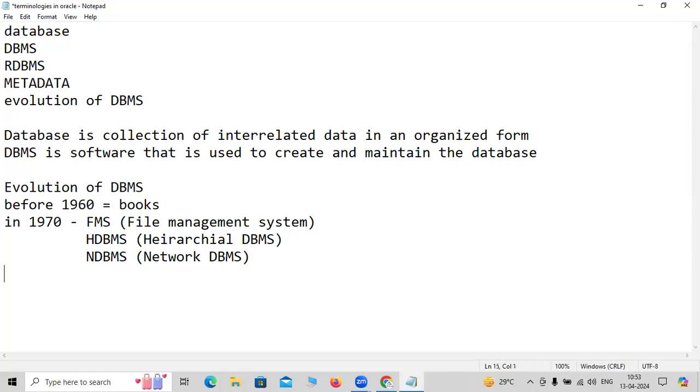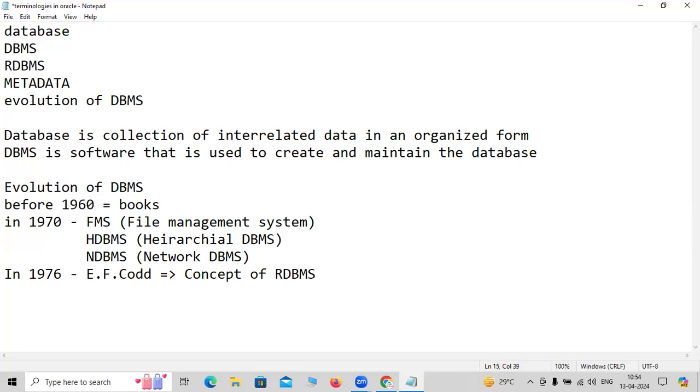So in 1976, a person named E.F. Codd brought the concept of RDBMS.